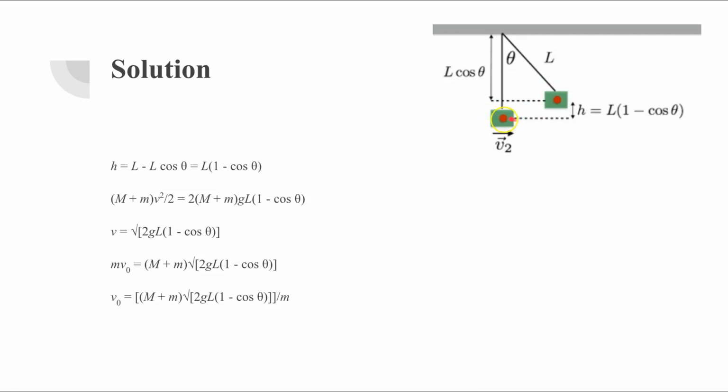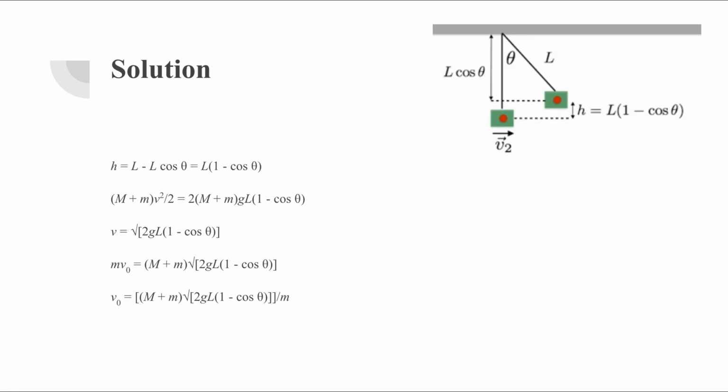This will be your change in height, if this is your 0 in height. Assuming this string does not stretch, this will be L, and this will also be L. You can use a little trigonometry to find that this length is L cosine theta. That means this change in height here will be L minus L cosine theta, which factored out will be L times the quantity 1 minus cosine theta.